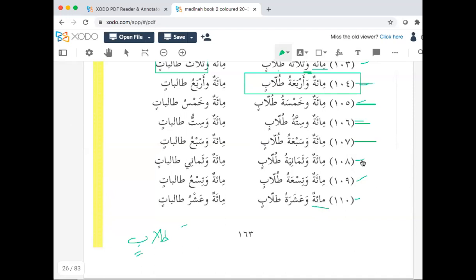I read 105, 106. Sorry. You read 106. And then Bilal read 107. So Ilyas, what's your number? My number is 109. So maybe someone's disappeared in between. Okay, Ilyas, read 108, please.